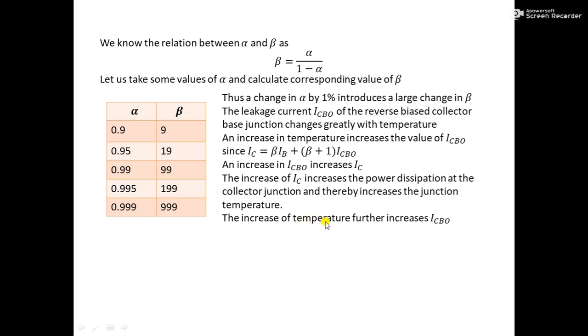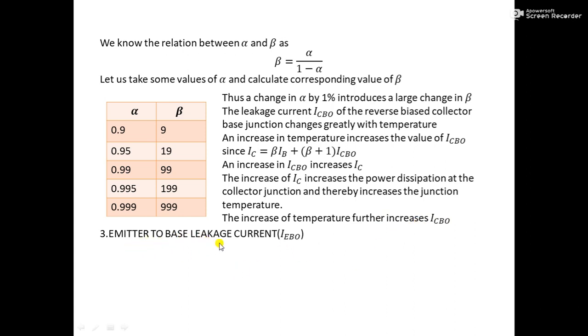An increase of temperature further increases ICBO, as ICBO is temperature dependent. This sequence is repetitive: the increase of ICBO increases IC, which increases the junction temperature, which again increases ICBO, and hence IC goes on increasing. Hence IC changes by a large amount when the temperature of the junction increases.